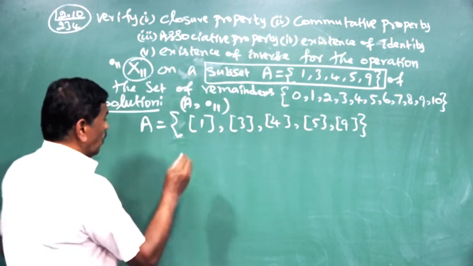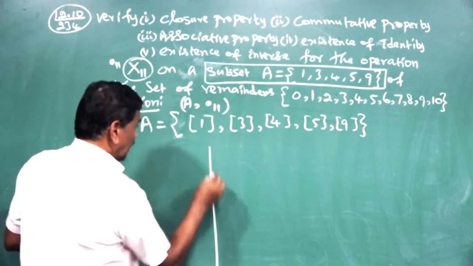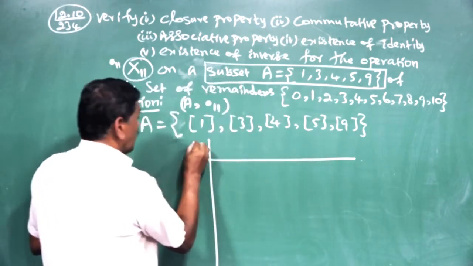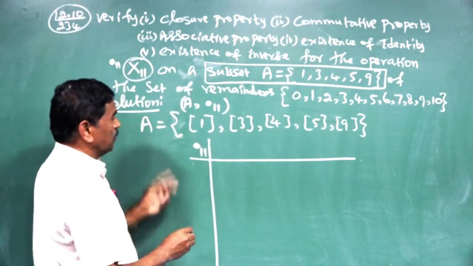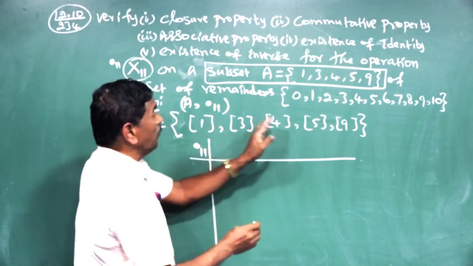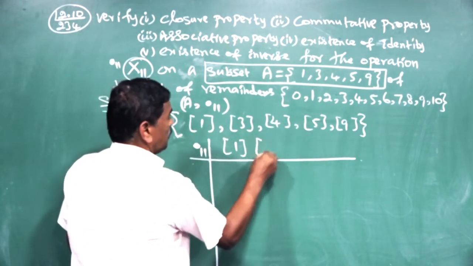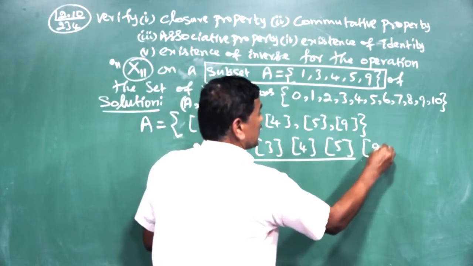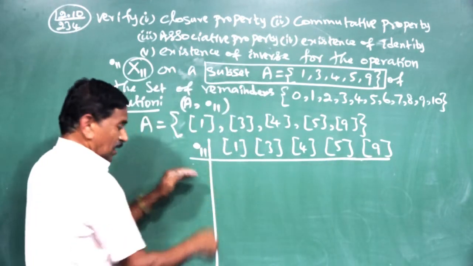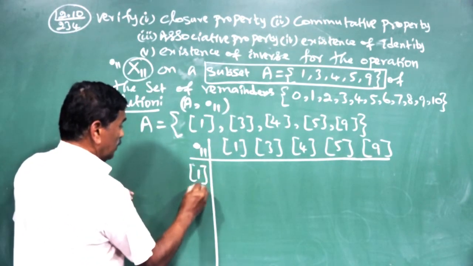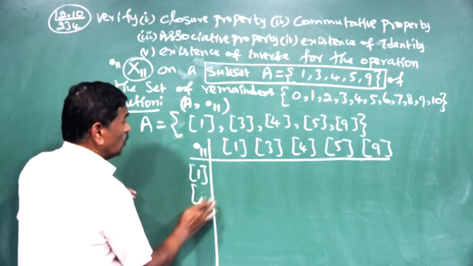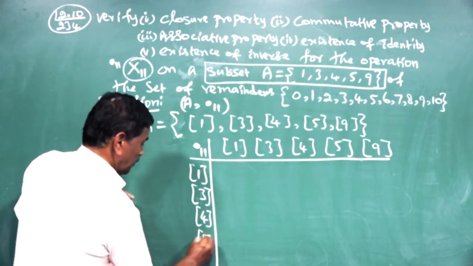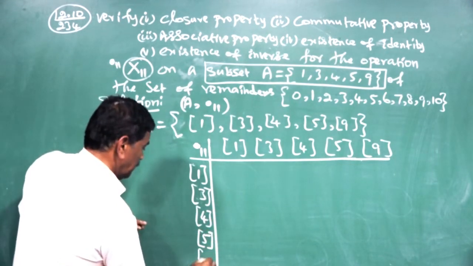I want to prepare the table. Table preparation is very simple. Here multiplication modulo 11 is the operation. Start by writing the elements 1, 3, 4, 5 and the last element is 9. Column wise also, write 1, 3, 4, 5, 9.